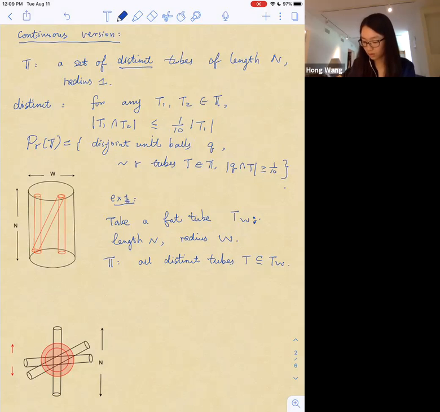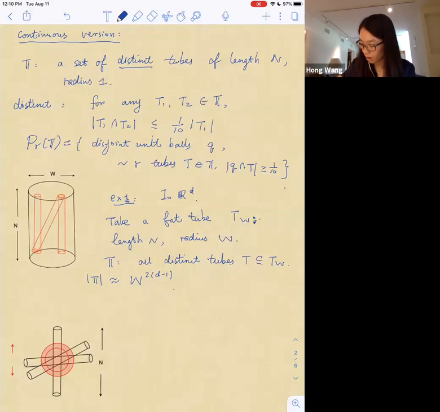Then one can check that the number of distinct tubes T contained in the fat tube is roughly W to the 2d minus 1. So here is in R^d.